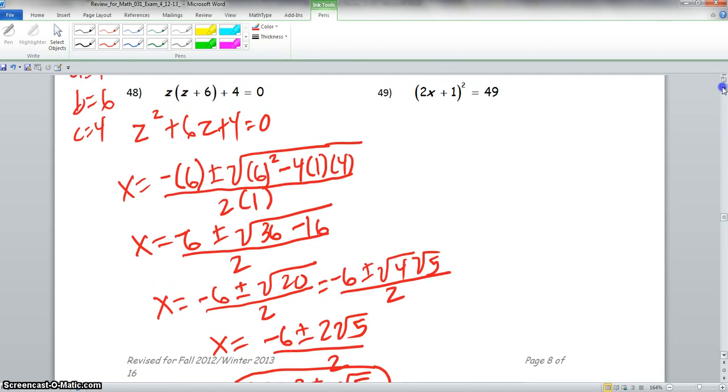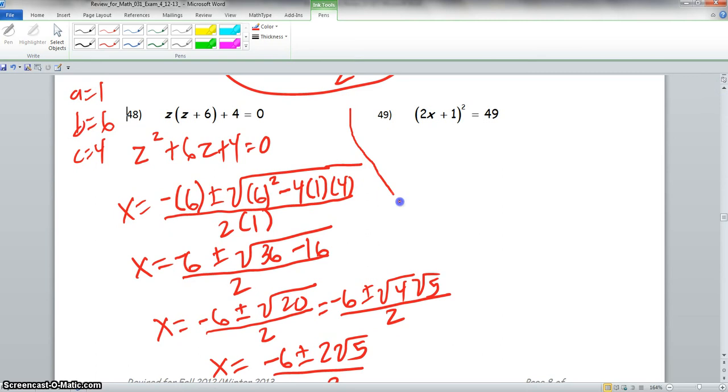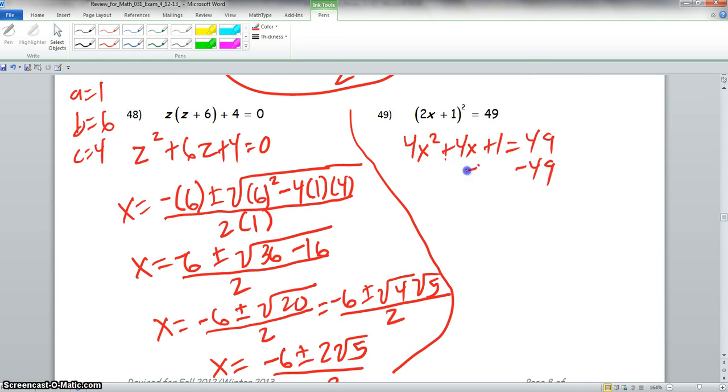Now, we go back up here to 49. Now with problem 49, we take 2x plus 1 parentheses squared, which will give us 4x squared plus 4x plus 1 equals 49. So we will have to subtract 49 on both sides. And we will have 4x squared plus 4x minus 48 equals 0.